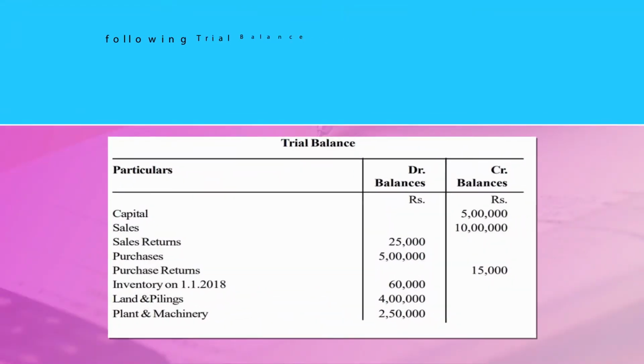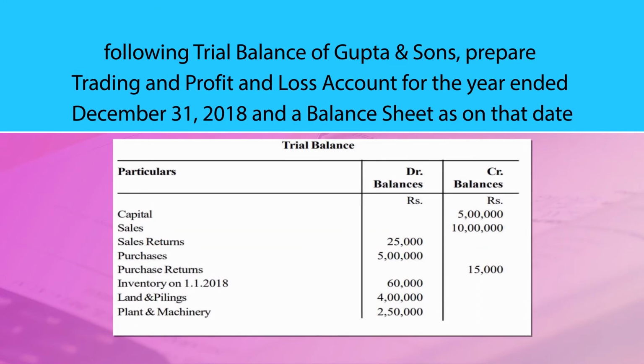We will understand this with the help of an example: from the following trial balance of Gupta and Sons, prepare the trading and profit and loss account for the year ended 31st December 2018 and a balance sheet as on that date.